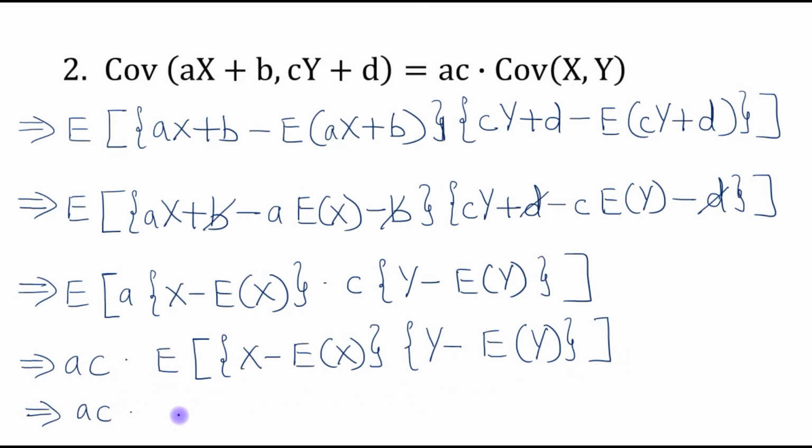This term can be written as covariance between x and y. So we have proved that covariance between ax plus b and cy plus d is equal to AC times covariance between x and y.